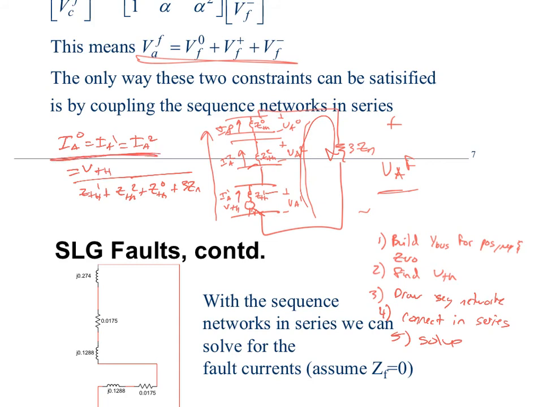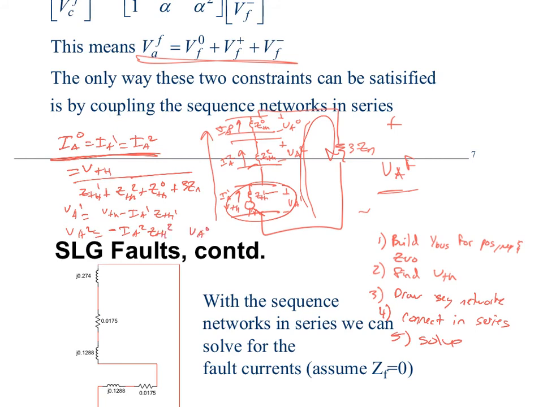Now I know all three symmetrical components. How do I solve for VA1? I'm just using a KVL loop here. So it's V Thevenin minus IA1 times Z Thevenin 1. I do the same approach for VA2, but there's no Thevenin equivalent source. So it's just minus IA2 Z Thevenin 2.